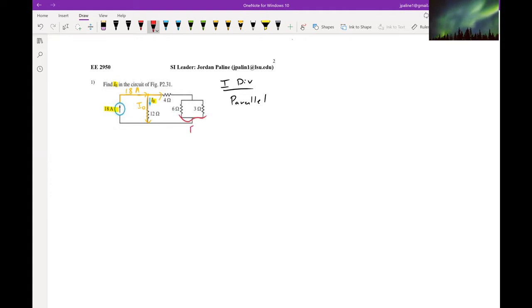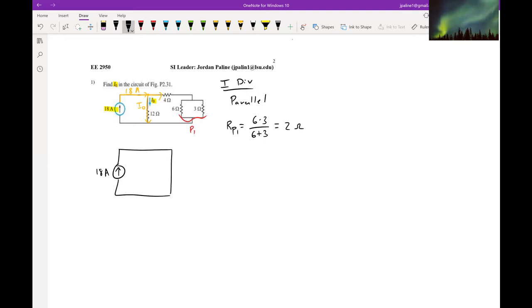We see that these are going to be in parallel, so I'll call that R parallel 1. So R parallel 1 is equal to 6 times 3 over 6 plus 3. 18 over 9 should give us 2 ohms. 18 amps. 12 ohms. 4, and then we have 2 right here.